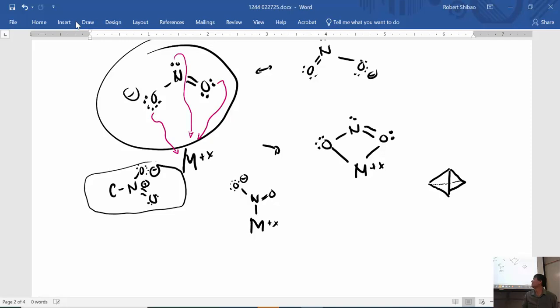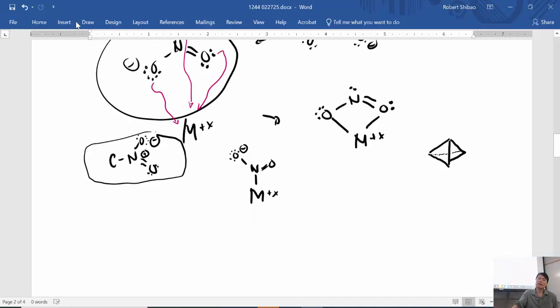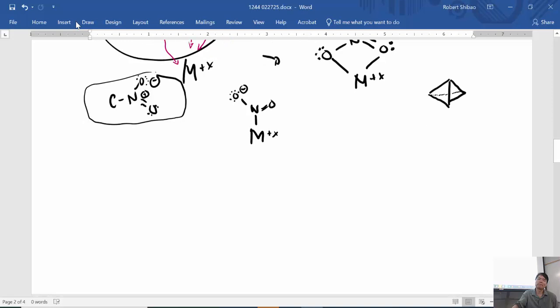But in Chem 1B, we're going to just keep writing it like this, as if nothing changed. Nitrate's still -1 altogether, and the metal's still +X. That's because we count it wrong in Chem 1B, because we should be using MO theory for this.